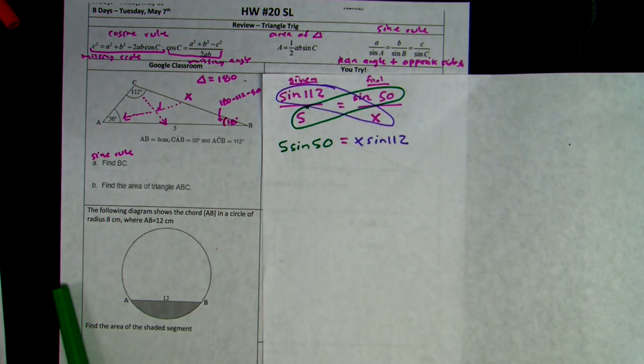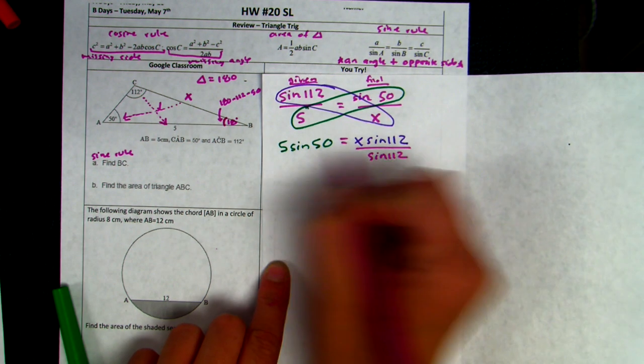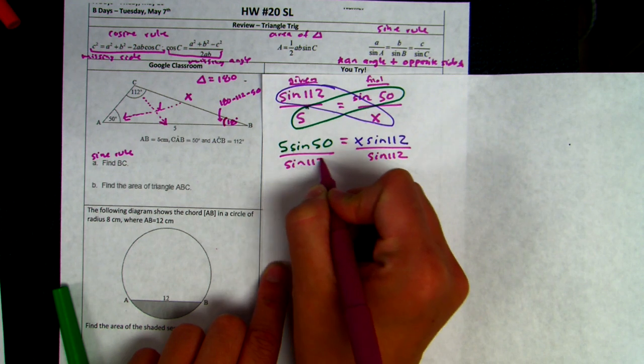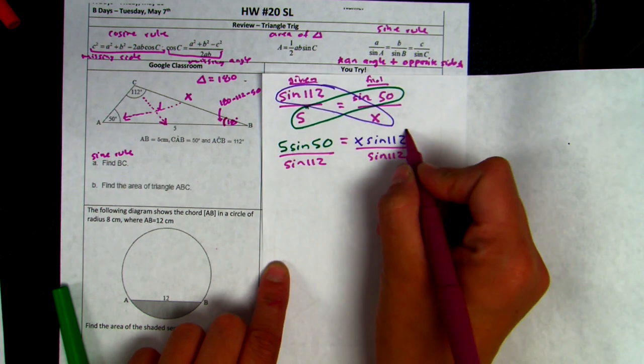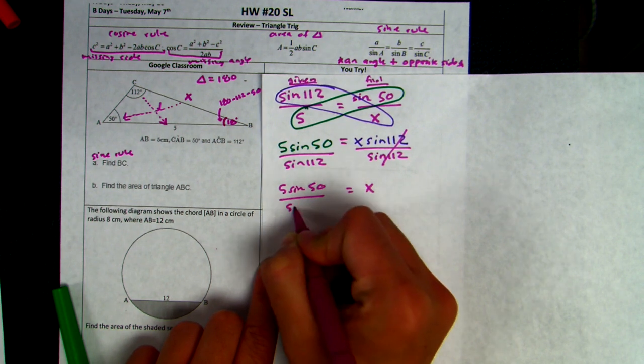Okay, my goal is to get x totally by itself so I can figure out the missing side. I'm going to divide by sine of 112 on both sides. My sine of 112's cancel, so I'm left with x is equal to 5 sine of 50 over sine of 112.